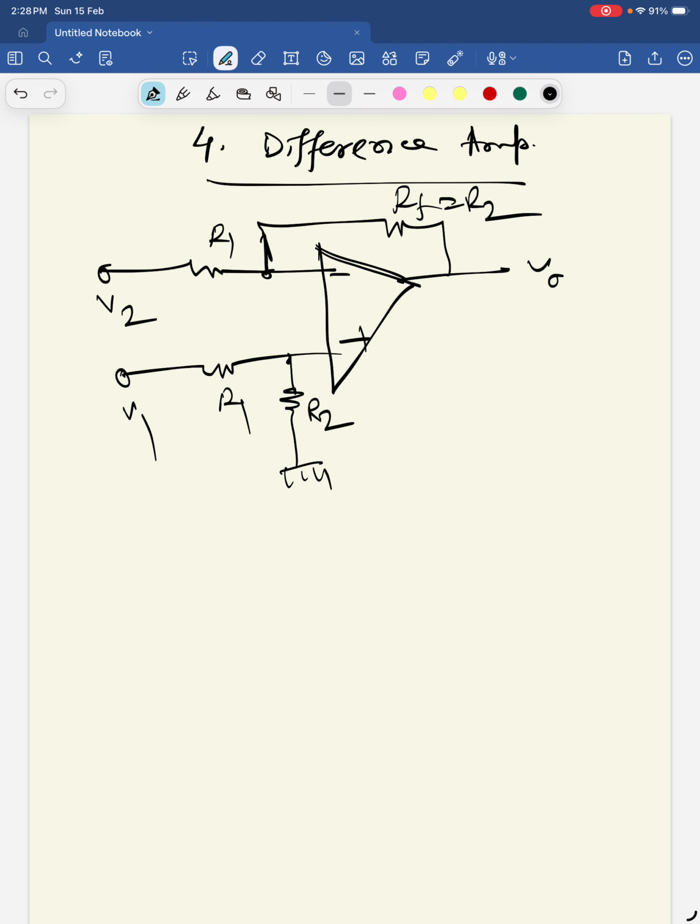Now many methods are there to find out this output voltage. We can use different methods to get V0.